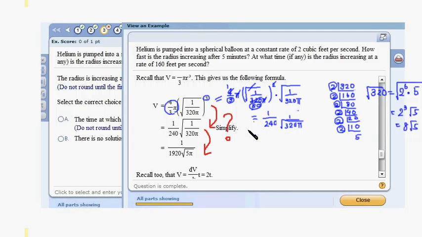So you can pull out 8 from there. So 1 over 240 times 8: 0 times 8 is 0, 4 times 8 is 32, 2 times 8 is 16, so 1920.